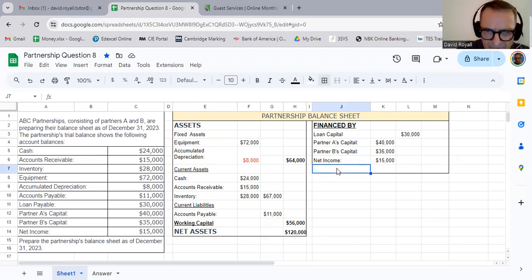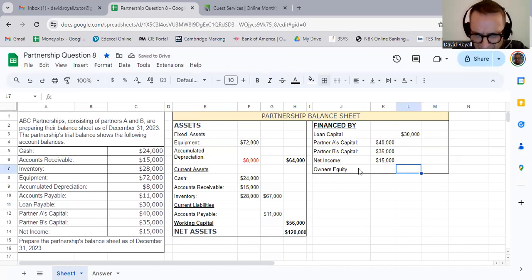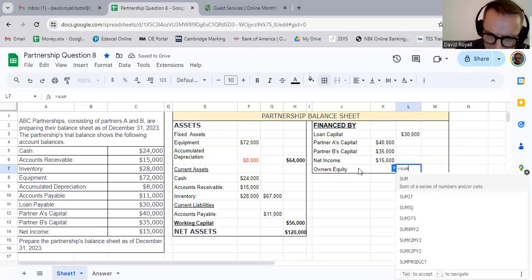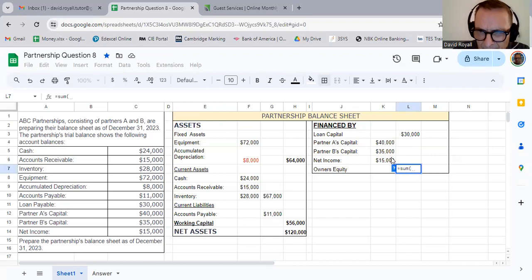That is the owner's equity. So the owner's equity is in fact those three figures added together. So again, that's a sum. Add the three together, 90,000.